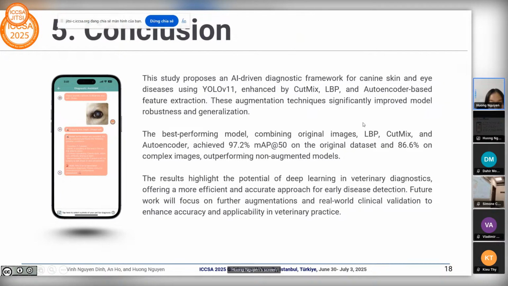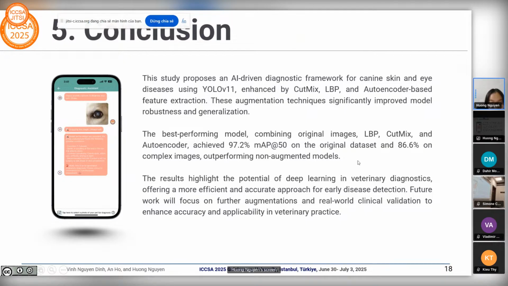And this combination proved to be really effective, especially when used together. And the best performing model reached 97.2% on the original image and 86.6% on complex images, clearly outperforming the baselines.